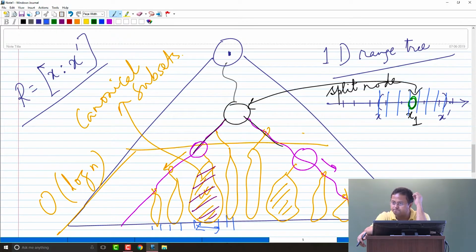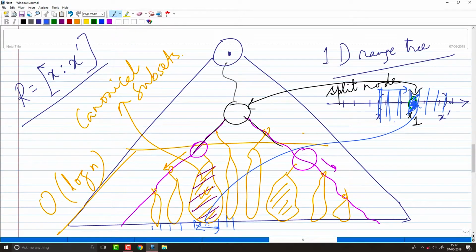You are with me? So, essentially a left to right walk on the leaves of these canonical subtrees gives you a walk on this partition from left to right, and these are nothing but your slabs, slabs within which I am sure of the x values. So, for any value in this subtree, I know that its value is lying within this interval only.